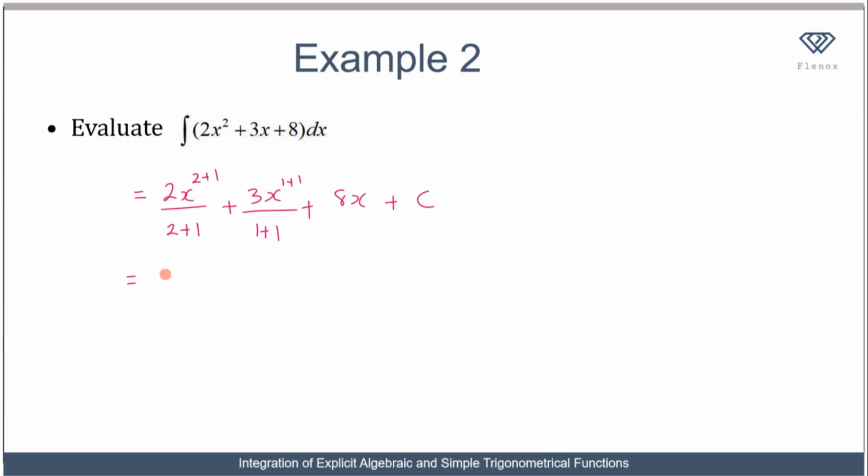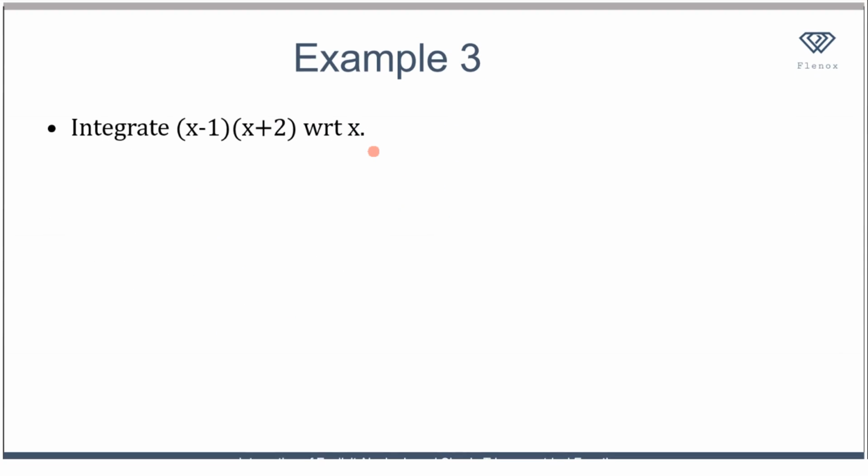So that becomes 2 over 3 x cubed plus 3 over 2 x squared plus 8x plus c. So this is what you get when you integrate this function.